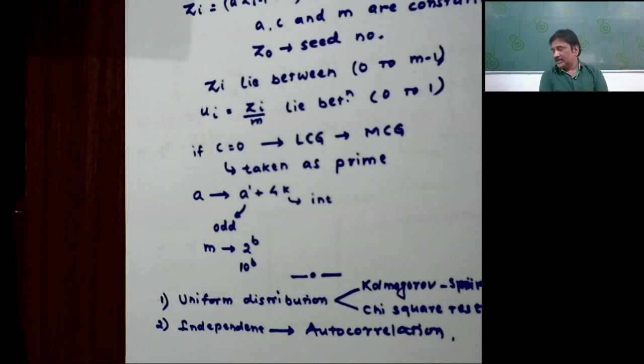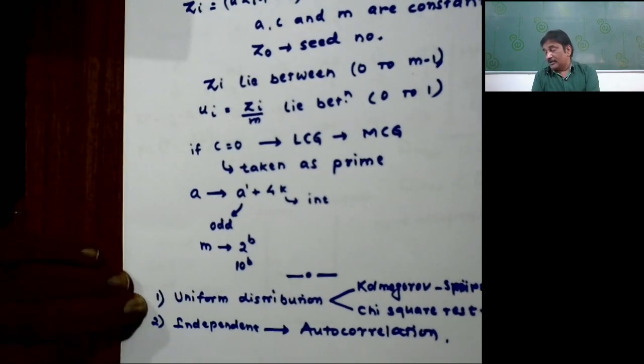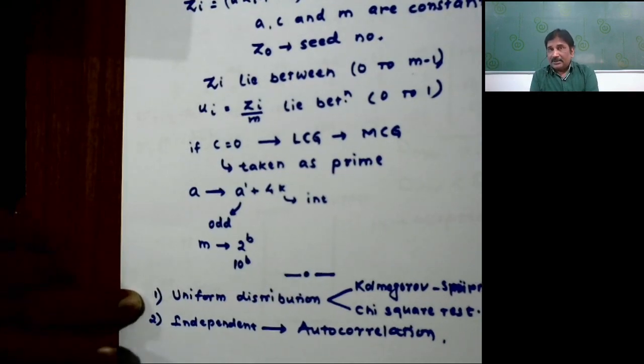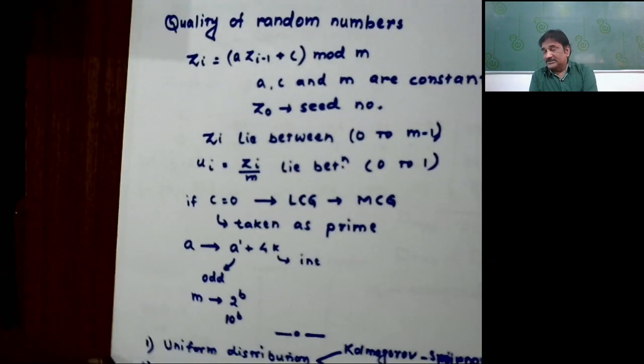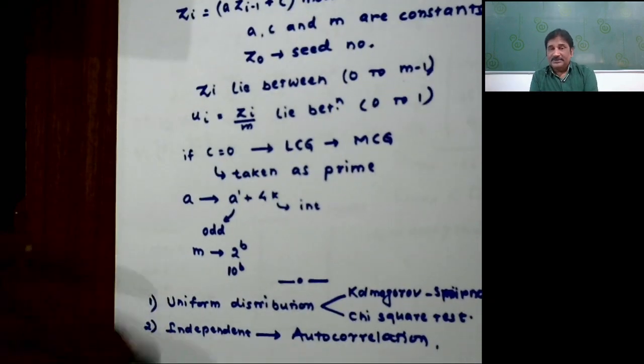And therefore there is a second property which is to be verified, whether the numbers are independent of each other, whether there exists any autocorrelation between the numbers. Both are important. Just by checking the numbers for uniform distribution, you cannot claim that the numbers are random numbers. You equally have to test for independence of the numbers.